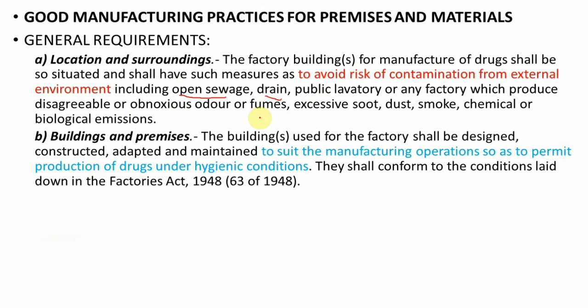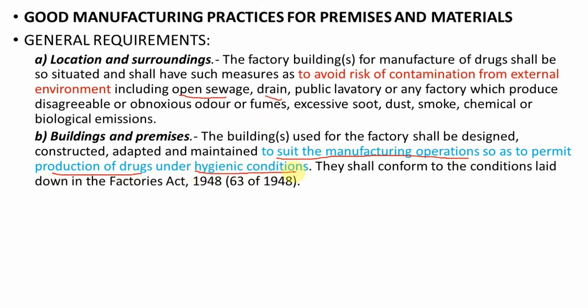Then next, B, buildings and premises. The buildings used for the factory shall be designed, constructed, adapted and maintained to suit the manufacturing operations so as to permit production of drugs under hygienic conditions.